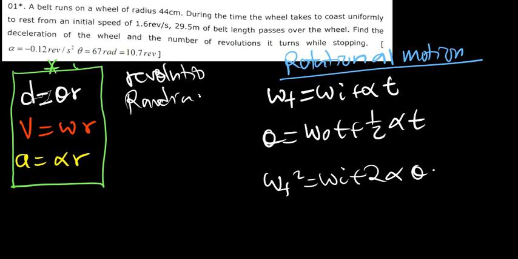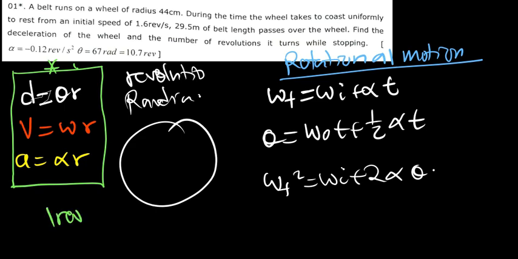So in one revolution, if this is a circle, there is 2 pi radian. At the same time, there is 360 degrees.